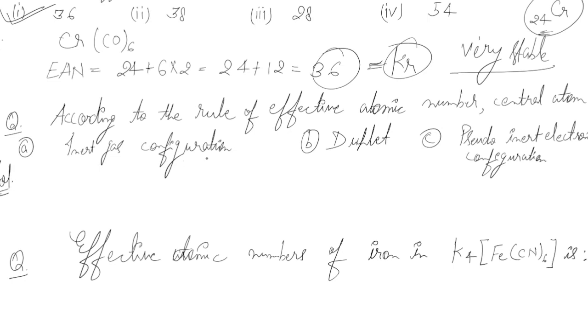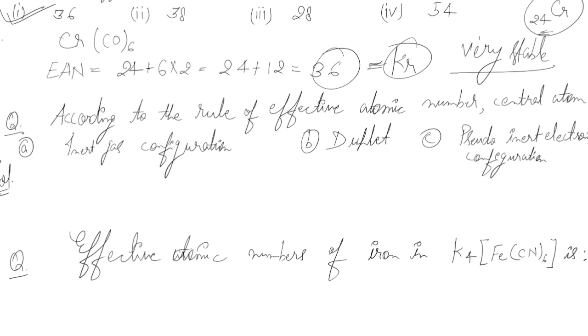According to the rule of the effective atomic number, the central atom acquires what? Option A is the inert gas configuration, B is the duplet, C is the pseudo inert electronic configuration, and D is quartet.